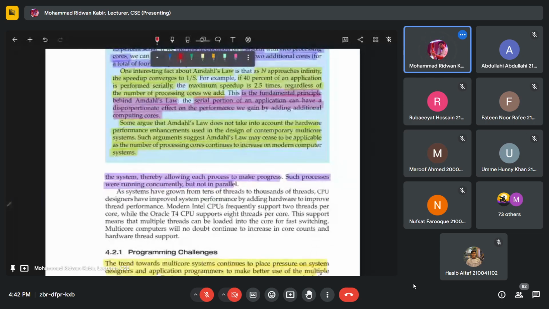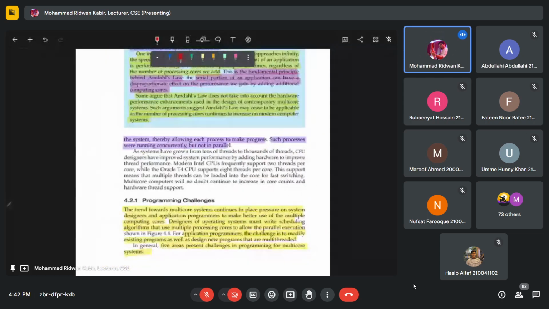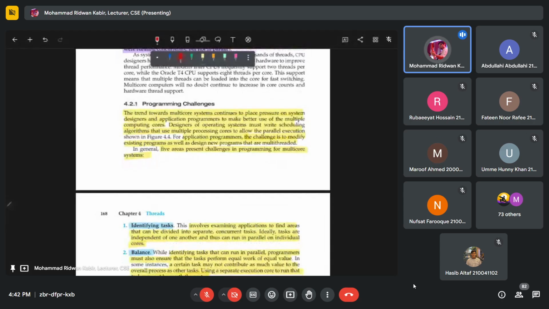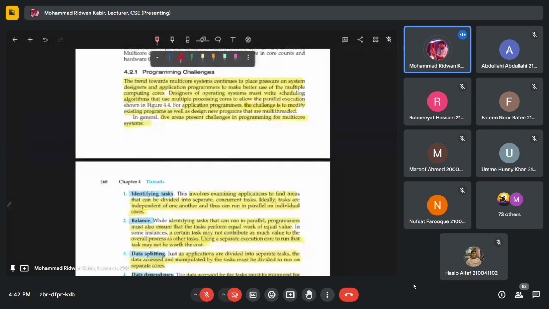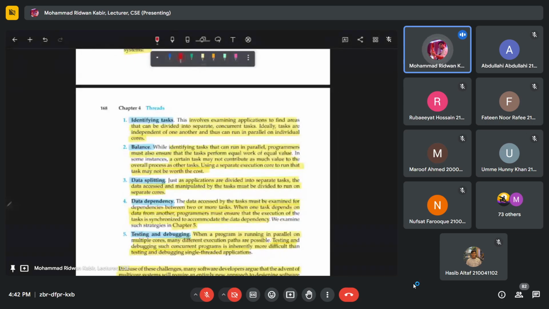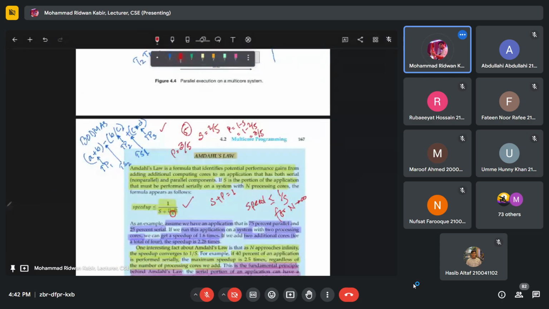Okay, now there are a few challenges whenever you're dealing with multi-threaded systems or multi-threaded frameworks. The first one is identifying the tasks. Because as you see in this example, we identified which tasks could be divided into serial portion and which into parallel portion, right?